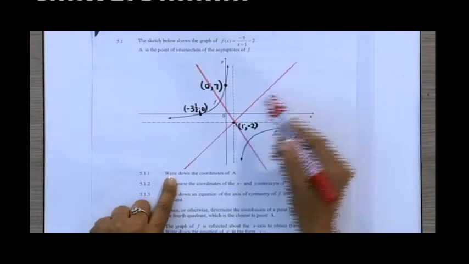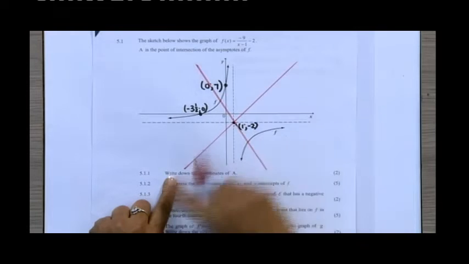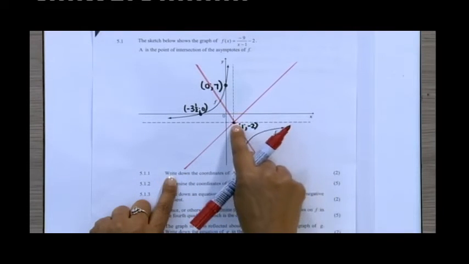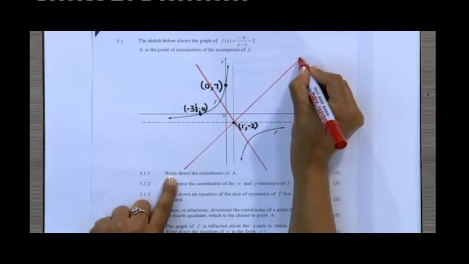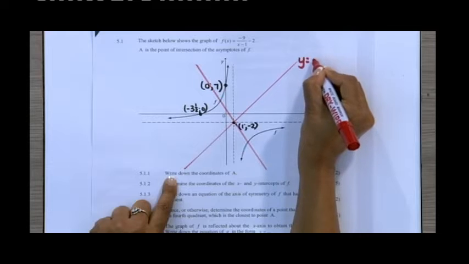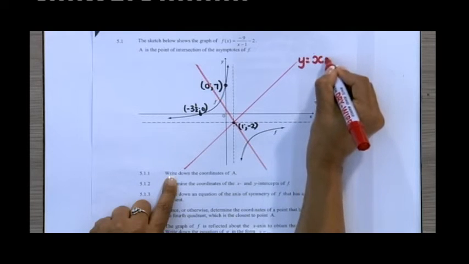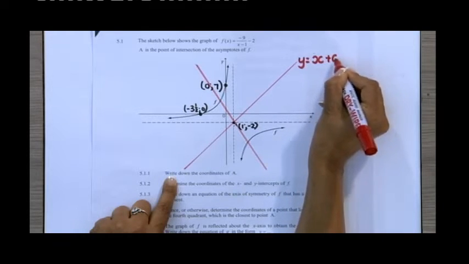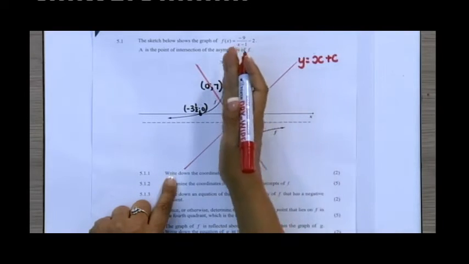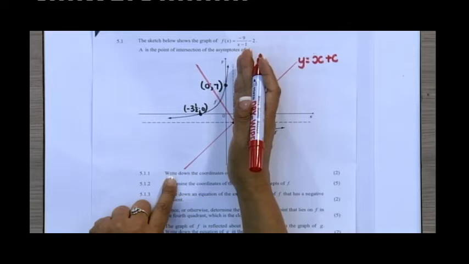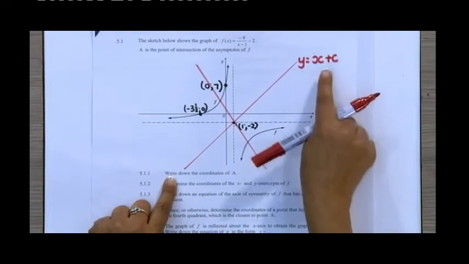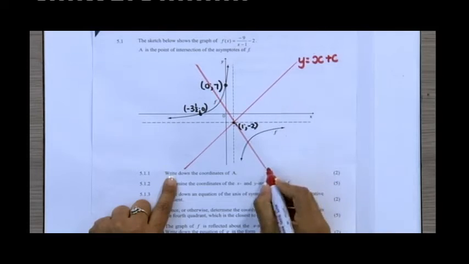So now your axis of symmetry would be passing through the points where your asymptotes meet. So this axis of symmetry here will be y equal to, it's a positive gradient, x, but you don't know what c is. Why? Because your axis shifted. This one shifted 1 unit to the right, and the y shifted 2 units down. So this is your positive axis of symmetry.